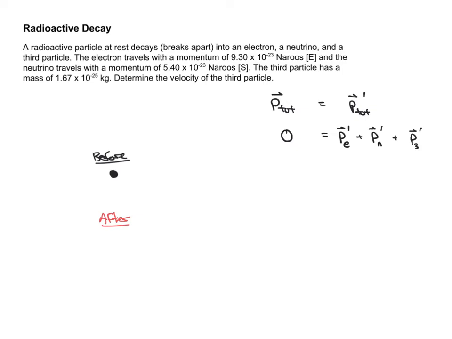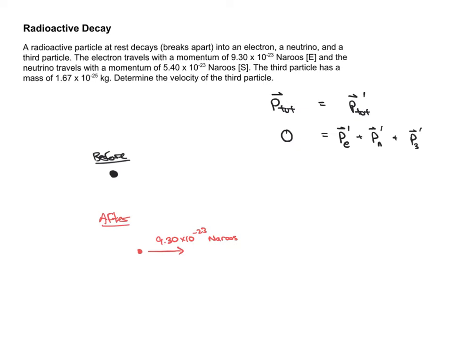So one piece, the electron, is going east. And the velocity is not given, but the momentum is. The newton-seconds, or kilogram meters per second, are given. And that's east.